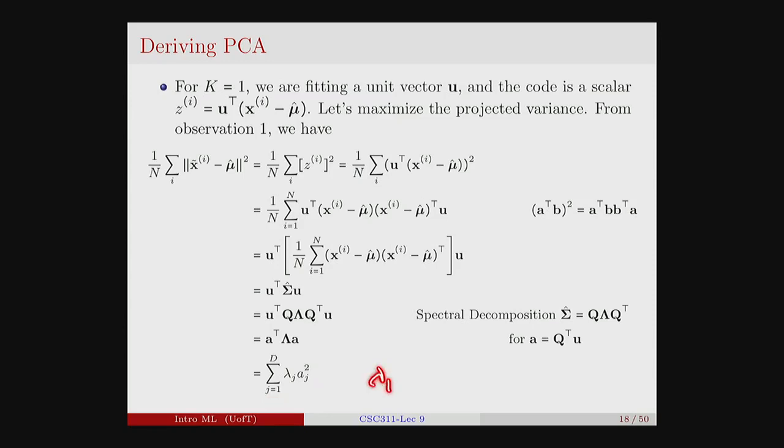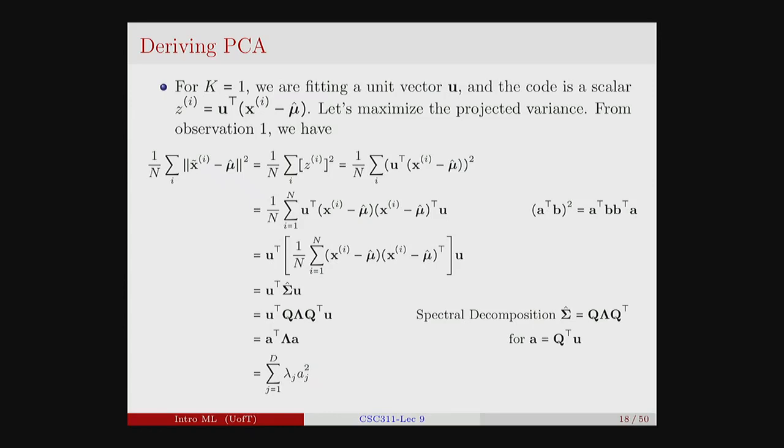Then I would get lambda 1 a1 squared plus lambda 2 a2 squared plus lambda 3 a3 squared. And I have to pick one element u. So I'm going to pick u from one of the columns of Q, and I'll choose the column that corresponds to the largest eigenvalue.